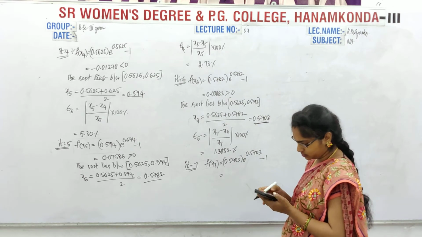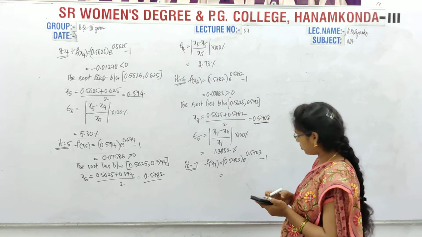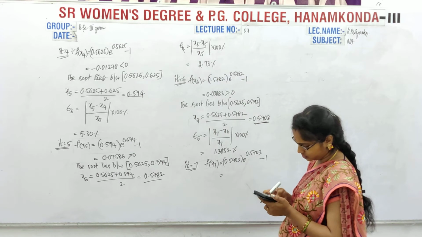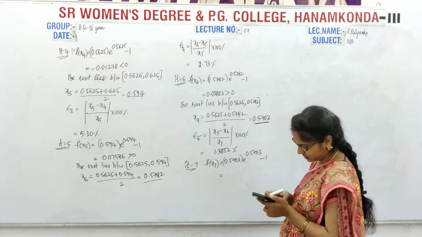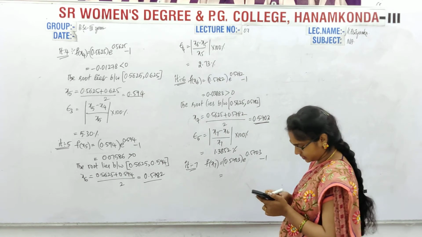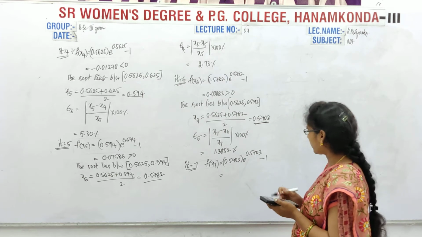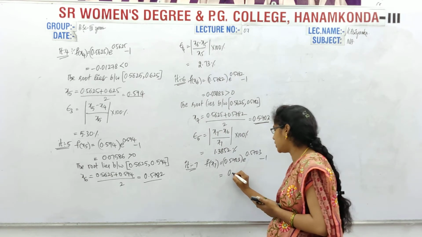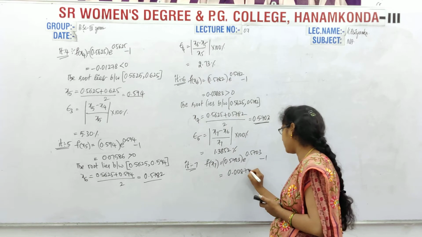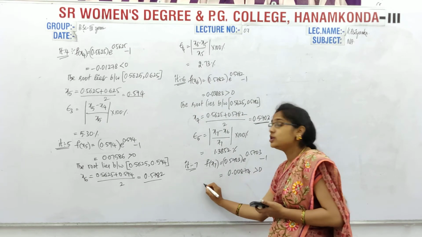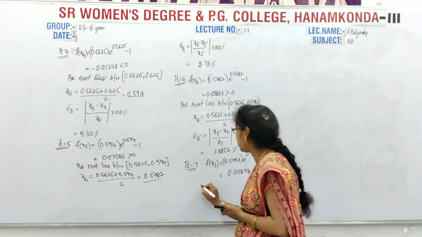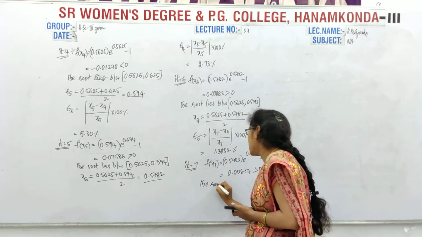Okay. Now it is positive only, 0.00874, which is positive. So what can we say? We can say that the root lies between which values?